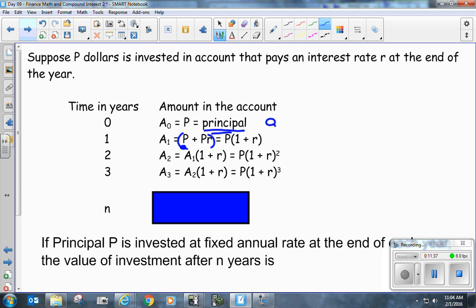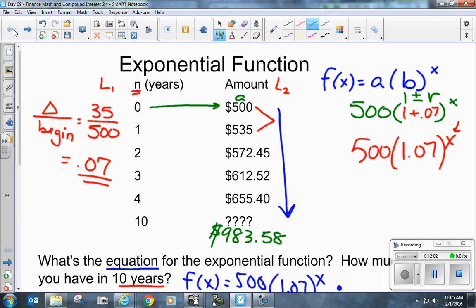And all they tell you is that you come up with this: our principal value times 1 plus R. What is the exponent outside that parenthesis? It's not written there. If it's not written there, it's 1. So the first year, P times 1 plus R raised to the first. Huh. That's interesting. Where have we seen that before?